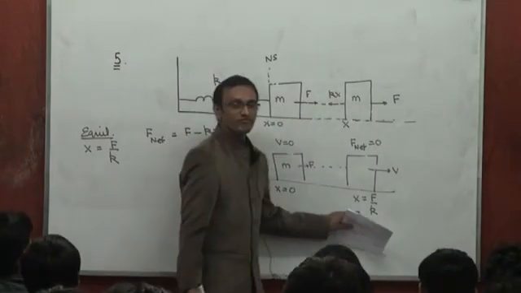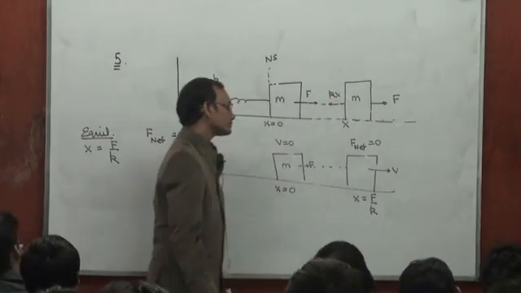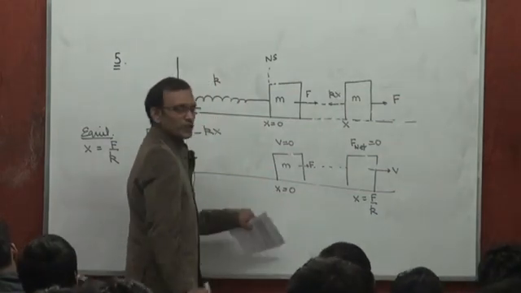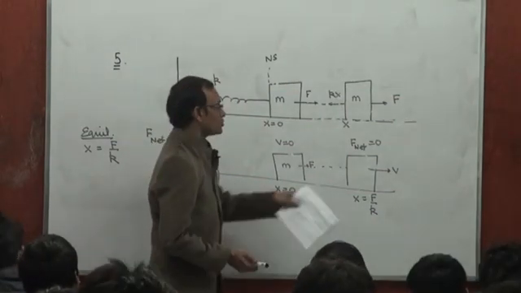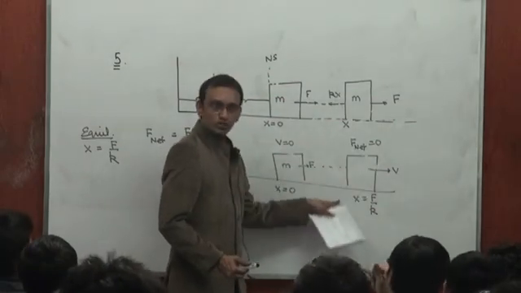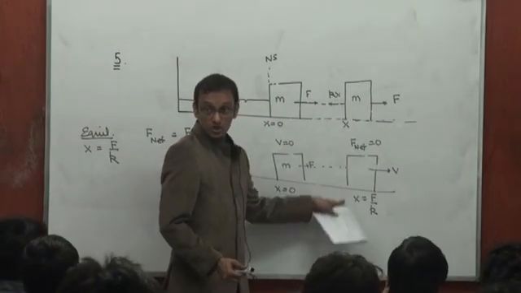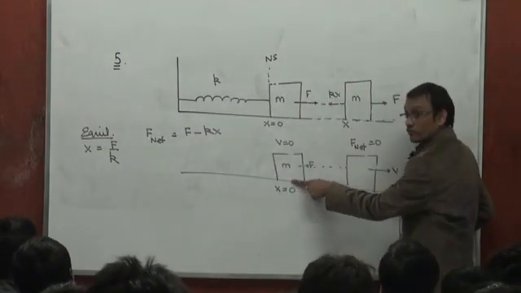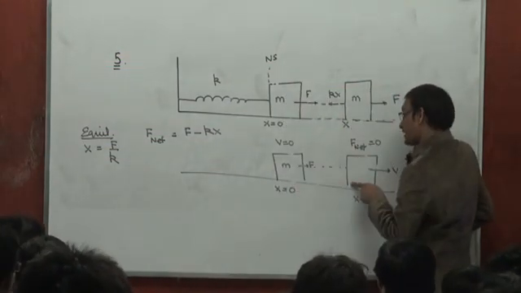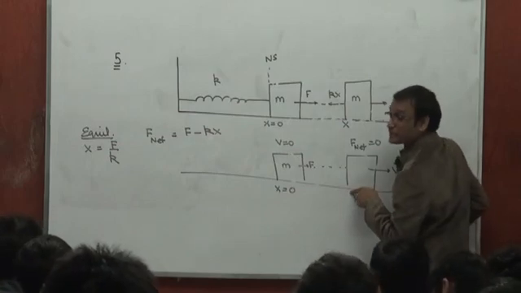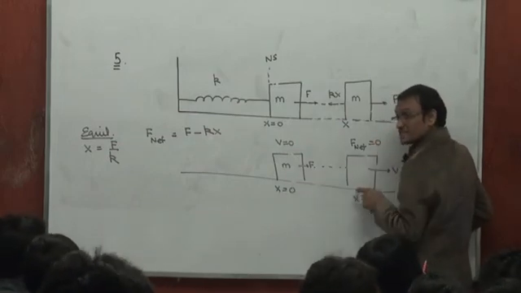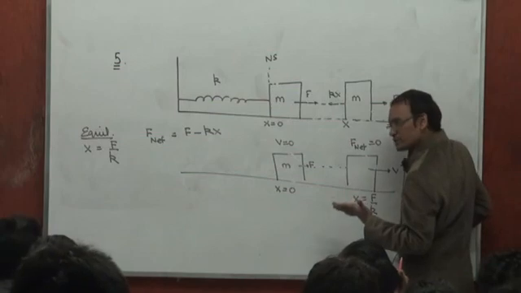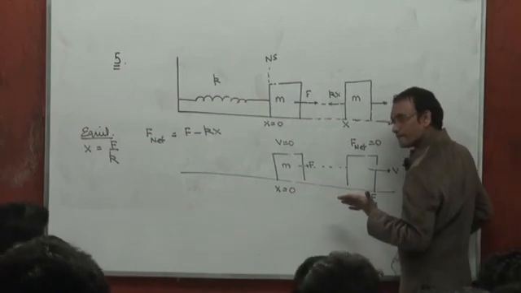This was x equal to F by k. Do you then realize that it's going to execute simple harmonic motion about this position? This is the equilibrium position, and this is a position of 0 velocity. So then this separation must be the amplitude of motion, yes or no?